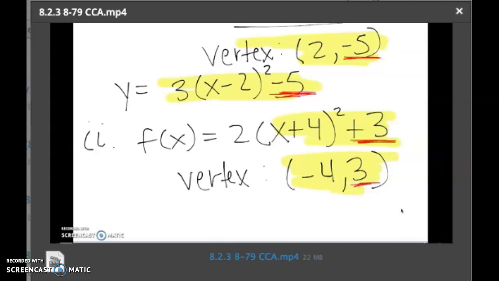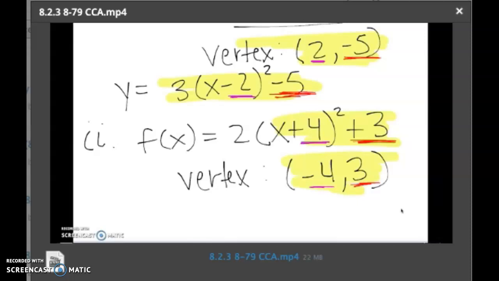And then I'm noticing that the x-coordinate of my vertex is the opposite of what I have inside of my parentheses there. And that same thing is happening here. This is a +4 and this is a -4. So I'm seeing a pattern when I have my equations written in this form. I'm noticing that I can see my vertex right away.